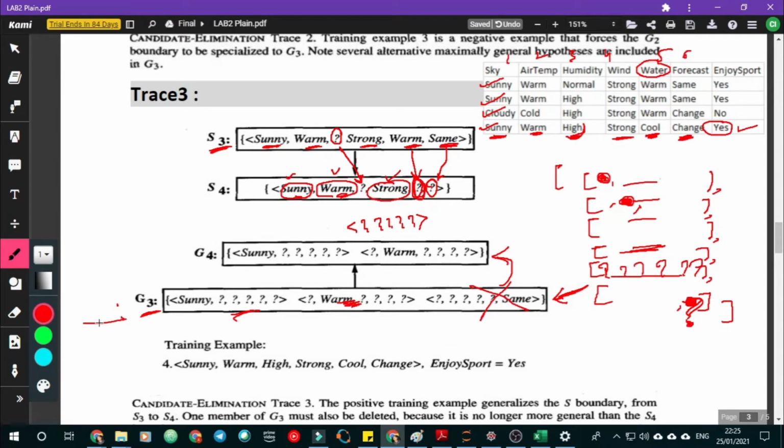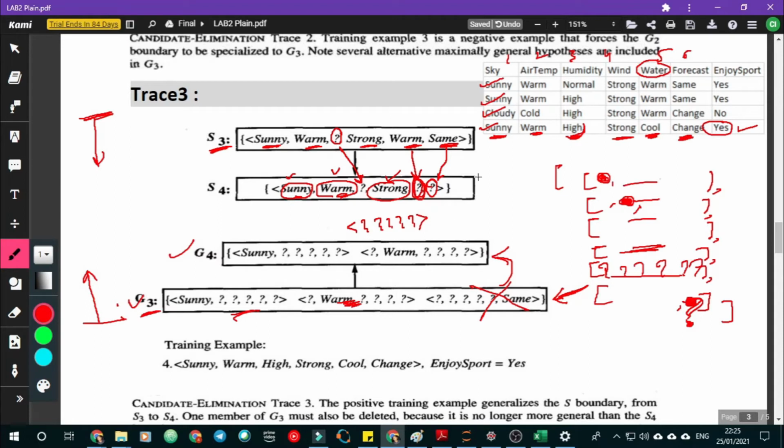I'm moving from general to specific, and from above I'm moving from specific to general. So now I have 2 hypotheses. Prior I had 3 hypotheses. I can say that this hypothesis is more specific than this hypothesis.